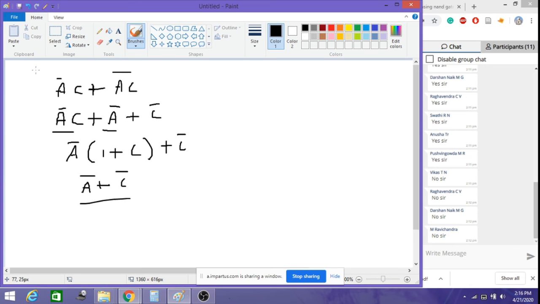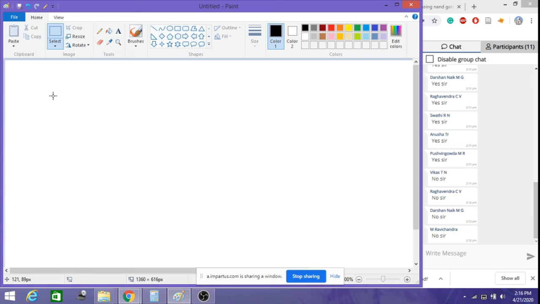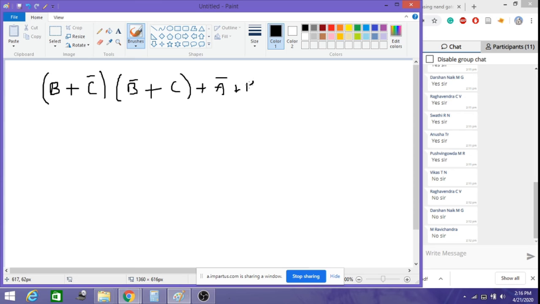Now let us take a little complicated one. So let's take this as B plus C bar into B bar plus C plus A bar plus B plus C bar, whole bar.